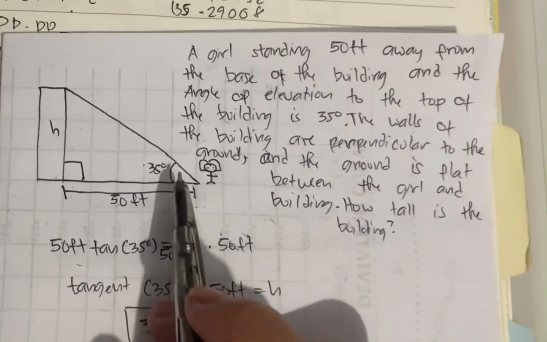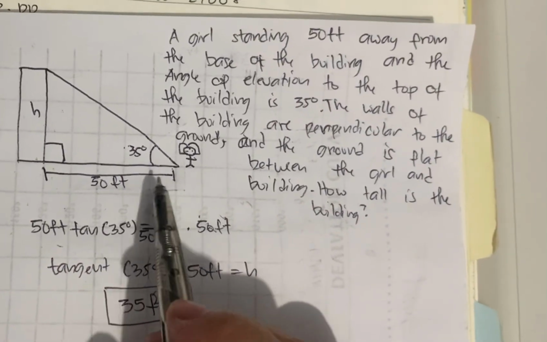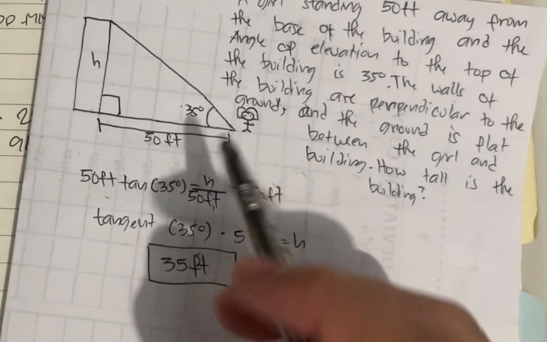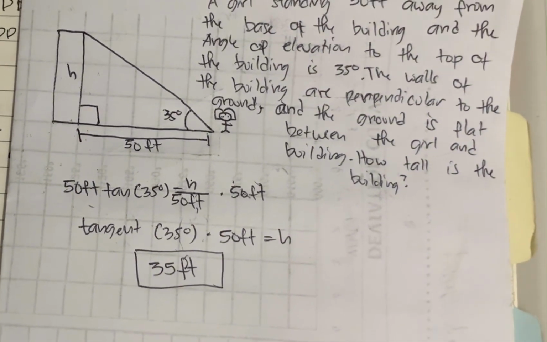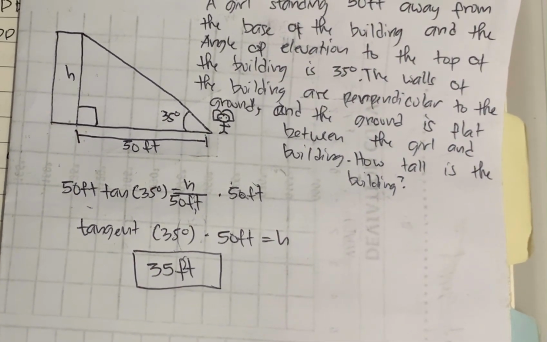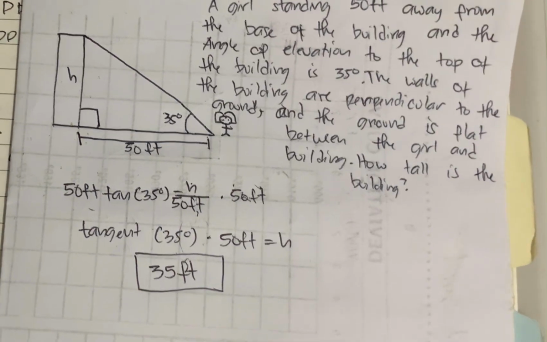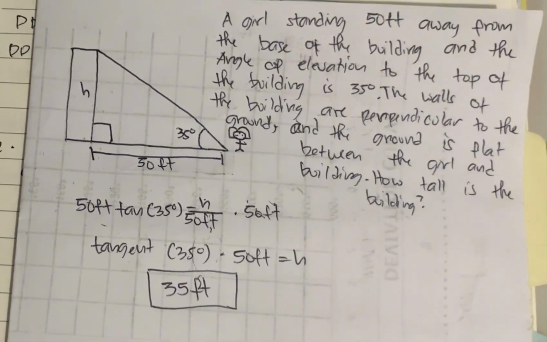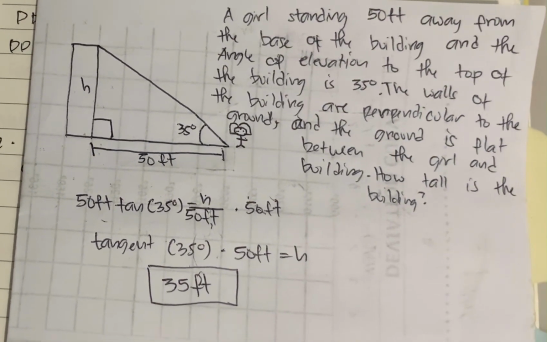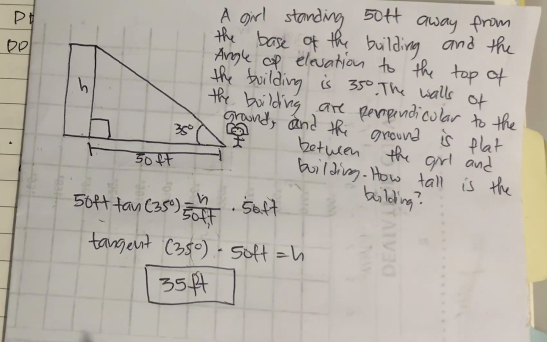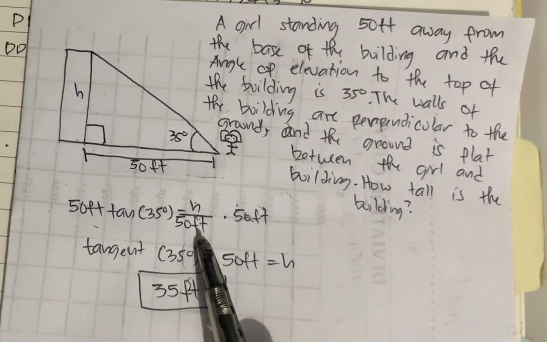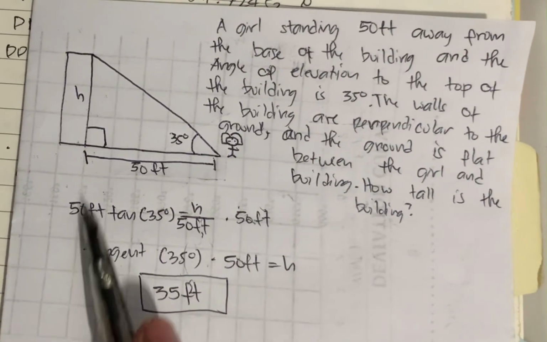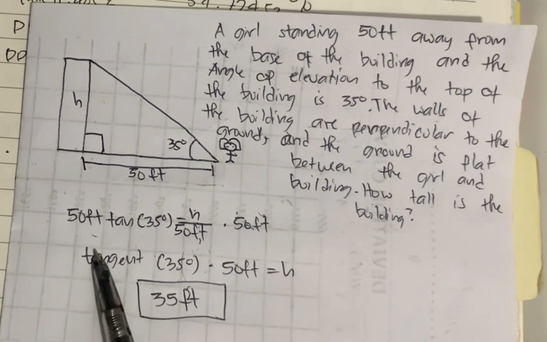Well, we can use the trigonometric functions. The side opposite to the angle is the height of the building, and the side adjacent to the angle is the distance between the girl and the building. Therefore, tangent, whose ratio is opposite over adjacent, can be used. So we have tangent 35 degrees is equal to h over 50 feet. So we need to multiply both sides by 50 feet, so we can solve for the height.